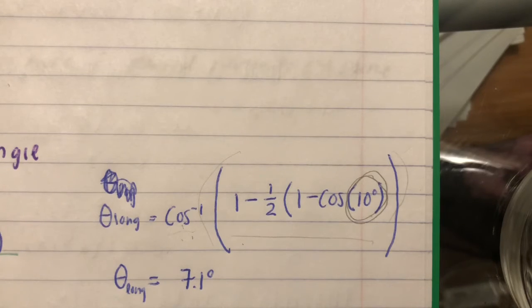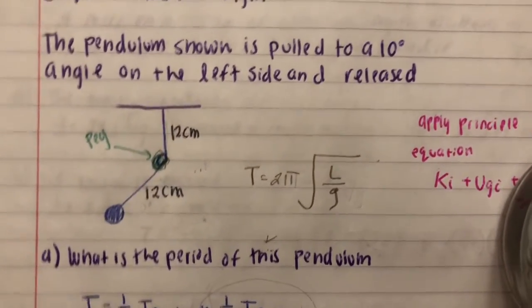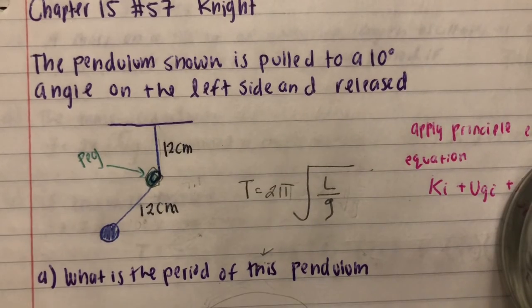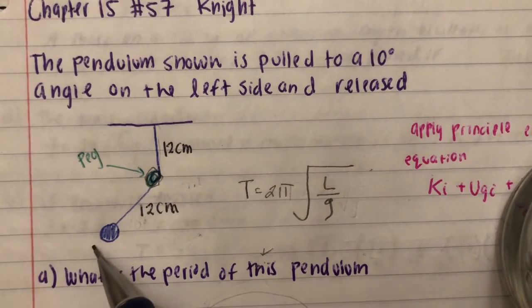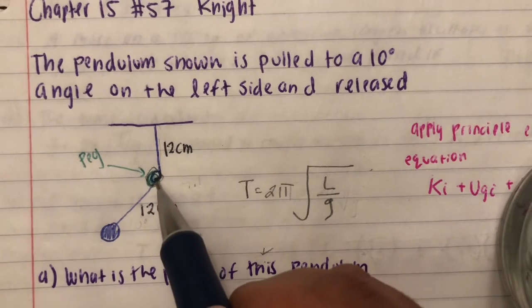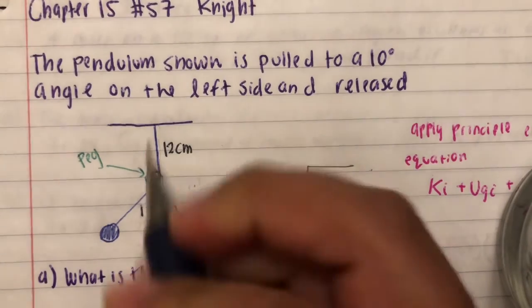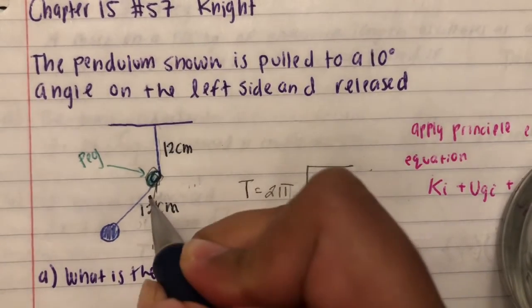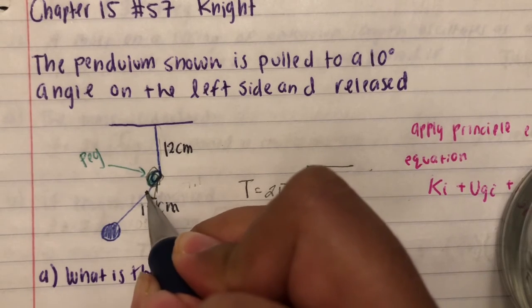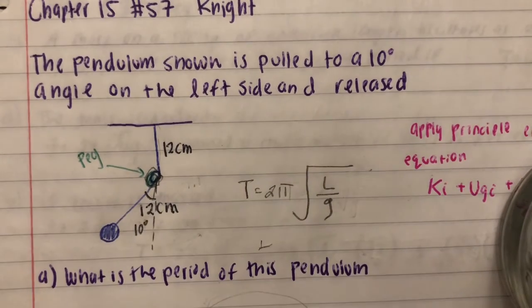So this angle means that pretty much the displacement of the lowest point to the max angle on your right side. Let me just show you here. So this is pulled at a 10-degree angle. Let me just make a straight line. So let's say that's 10 degrees.